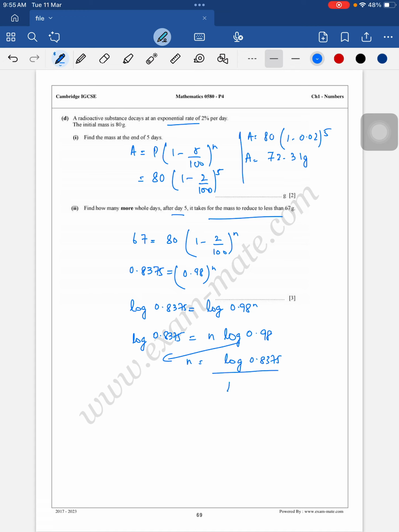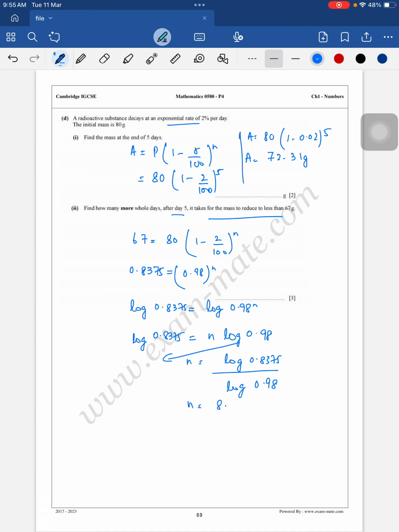Now putting this in the calculator, log of 0.8375 upon log of 0.98, right? So the answer is 8.77.